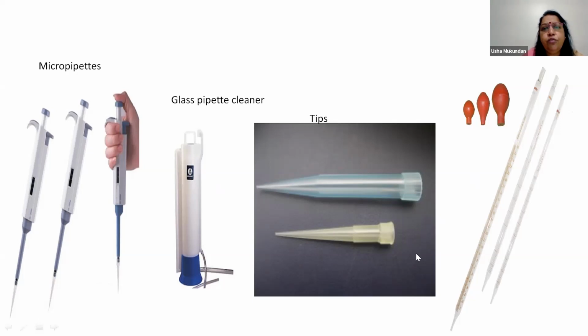In India, we do reuse, which is in a way good that we reuse the tips because there are tip boxes which are available and they can be auto-cleaned. So the tips have to be sterilized before they are used, especially when you are doing any work in microbiology. There is a method of cleaning the glass test tubes. Normally you clean them with mild alkali, and this is a type of container.